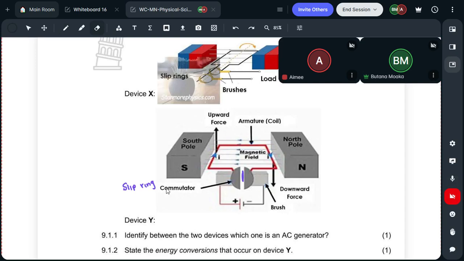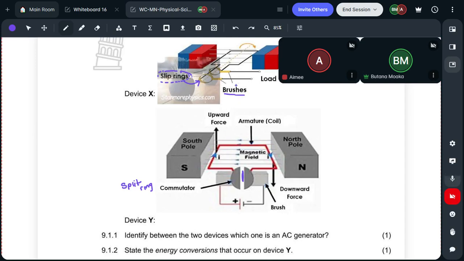And this one are slip rings. Okay, so now we know which one has slip rings with carbon brushes.